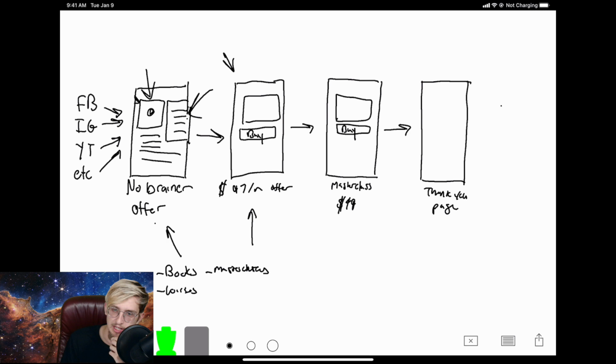But another thing I was thinking of, if we were going to restructure this, right, in a way that is compliant to TOS, if we had a no-brainer offer that solved the same problem that our SaaS did, then maybe if I was putting a master class together or a course together, what I would do is sell the course, okay, and in the course or in the master class, I would teach people how they can do it themselves, and I would teach people how they can do it with the software.